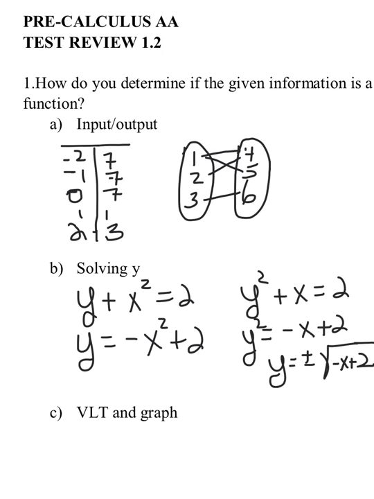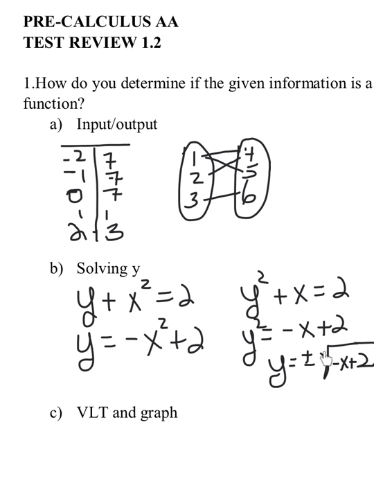Okay, so in my two examples, in this example, I'm able to exclusively solve for y. In other words, there's a unique y here no matter what value I put in for x. So whatever value I put in for x, I'm going to get only one y. For this y, however, I could put the same value in for x, but I'm going to get something that's positive and something that's negative.